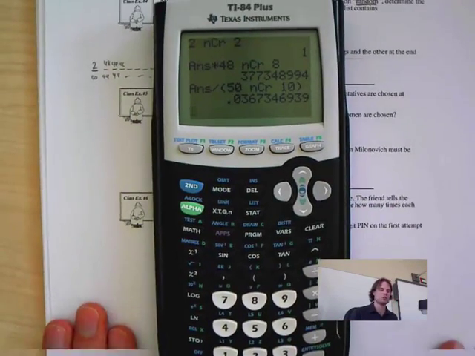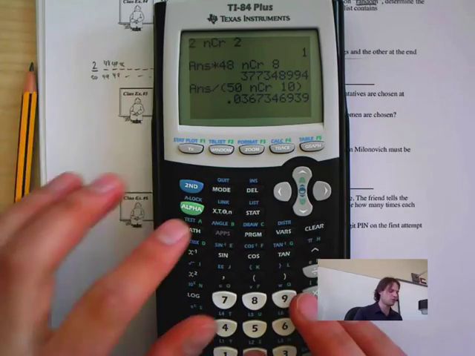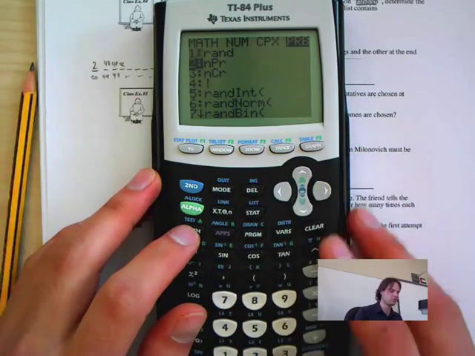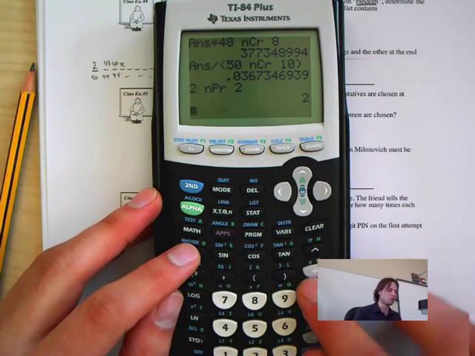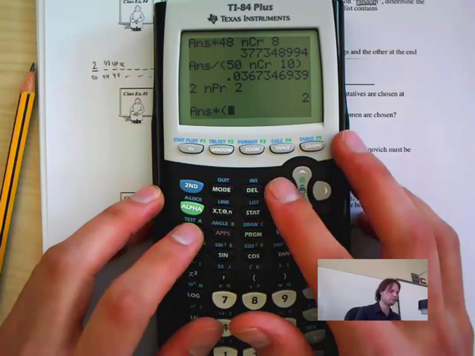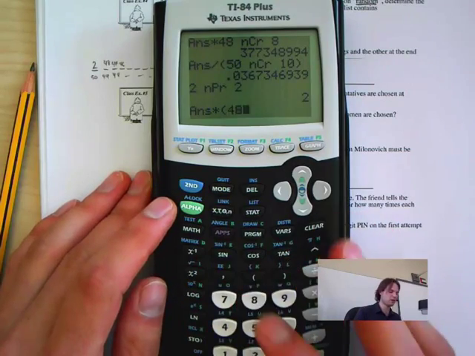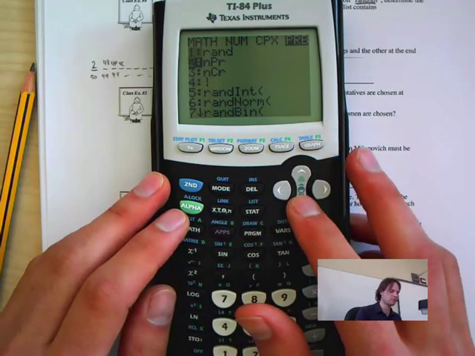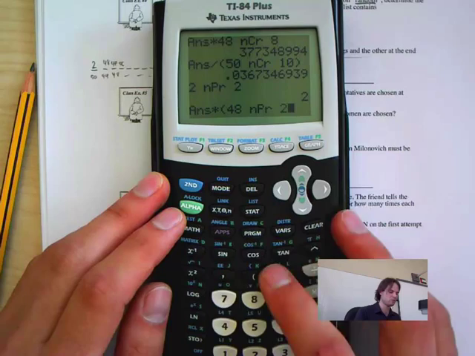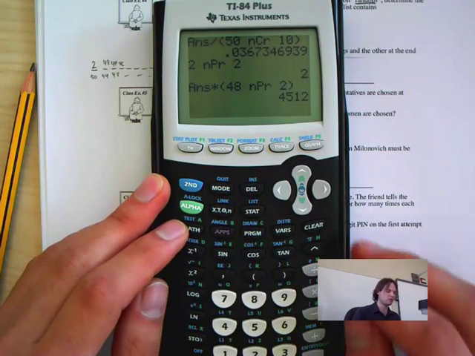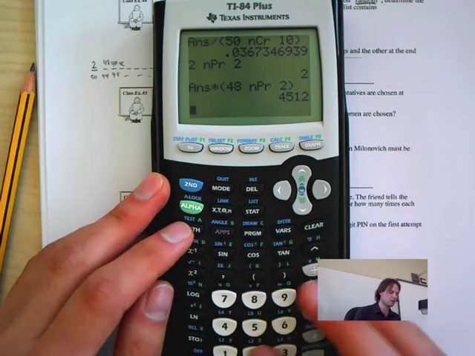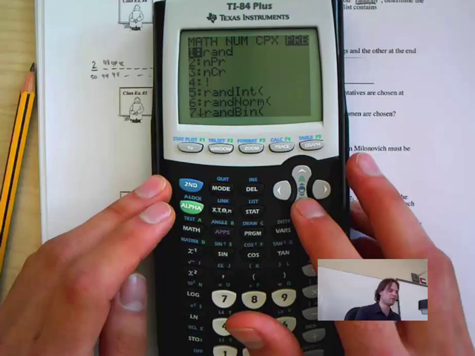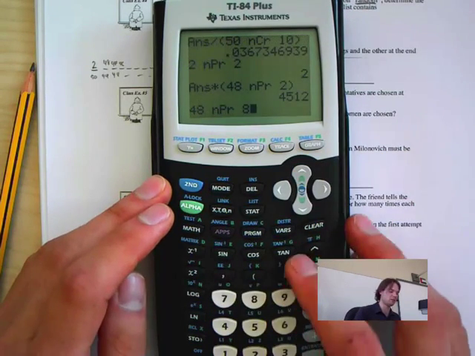So once again, take our trusty calculator, we go to math, permutation, enter, which gives us 2 multiplied by 48, math, permutation 2, enter. Then we have to divide that all by, oops, I made a mistake. It's 48 math, and we have to go permutation 8.